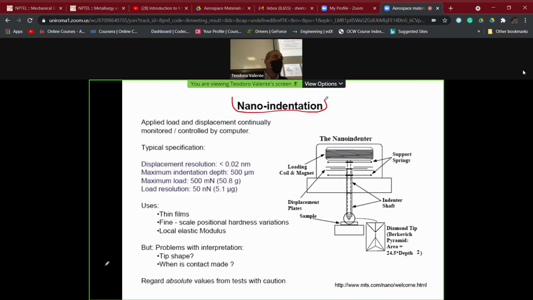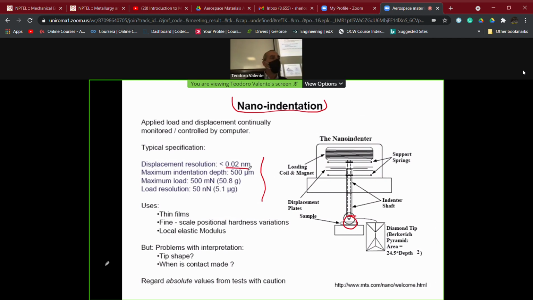So nano indentation is essentially a standard indentation, but carried out with a very, very sophisticated instrument, which is able, usually in the most known configurations, to detect the displacement resolution of the tip of the nano indenter, which is very, very low.